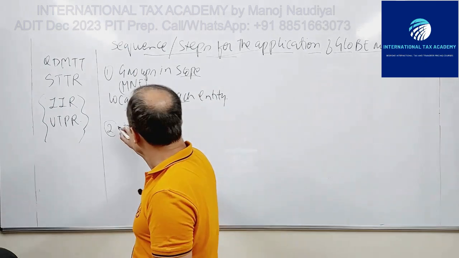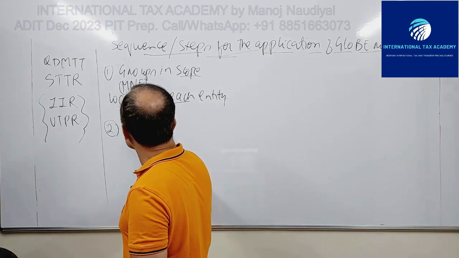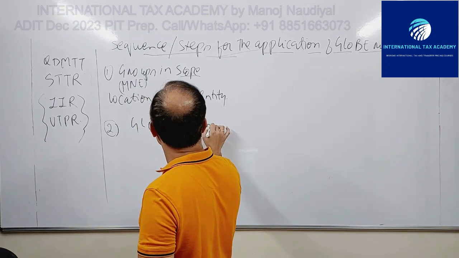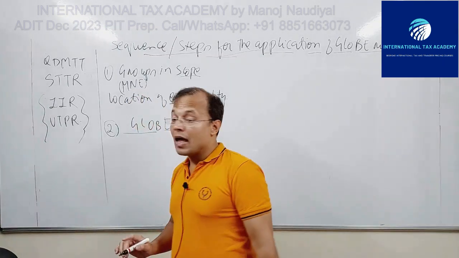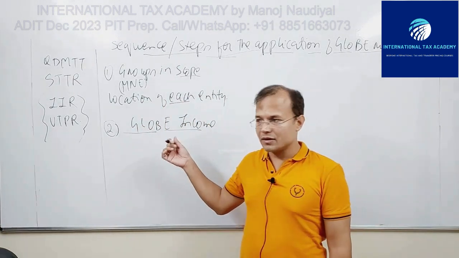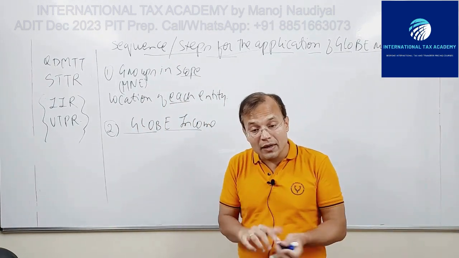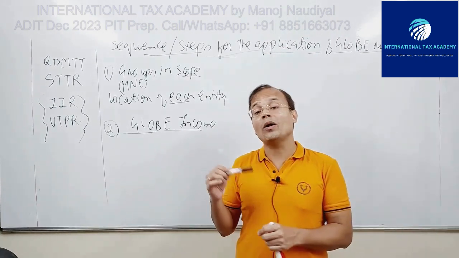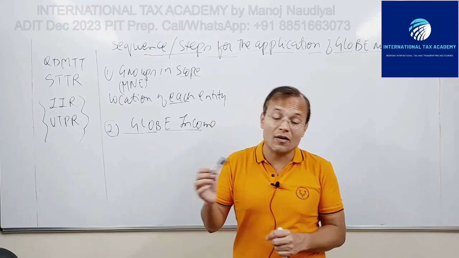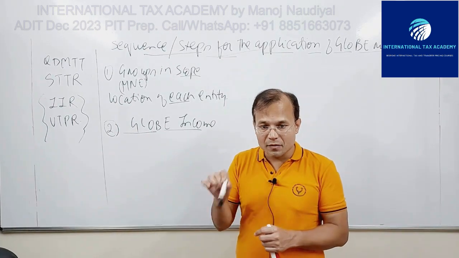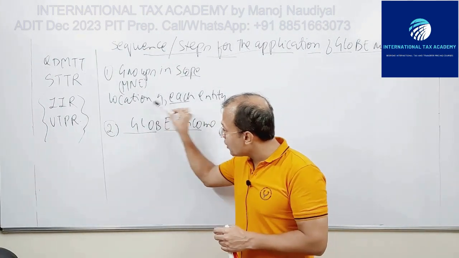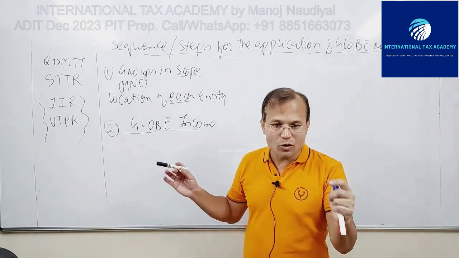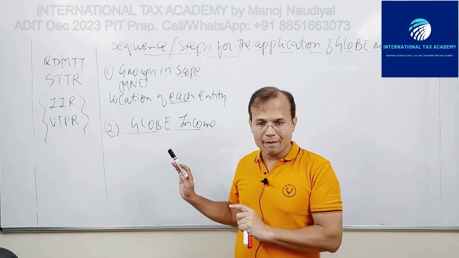That income is known as GLoBE income. Calculation of GLoBE income is where all those complications arise. What to calculate, how to calculate, what accounting standards have to be followed, what exclusions have to be followed. All these things would be a part of GLoBE income. So I am simply writing GLoBE income calculation. It's not easy, it's very difficult.